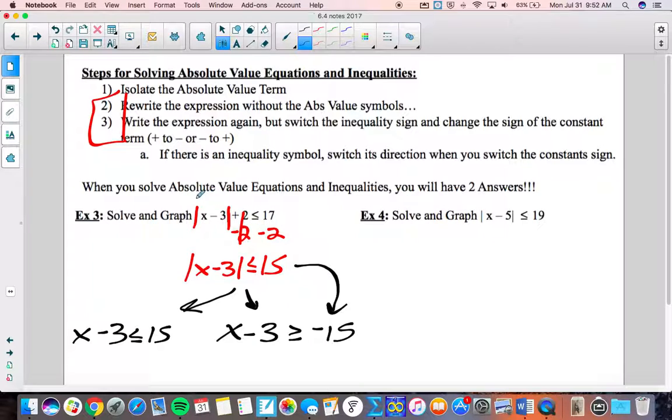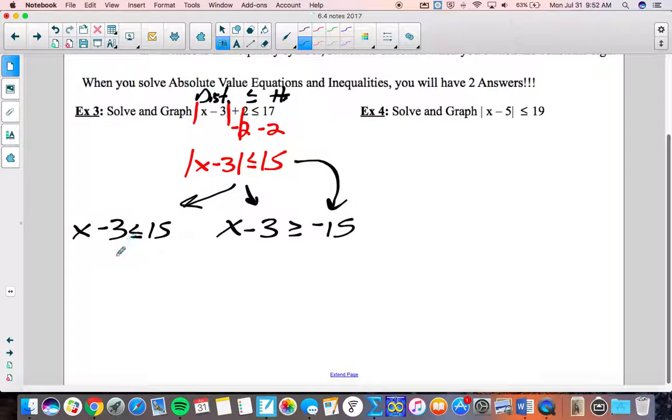By the way, here I'm thinking my distance is less than or equal to some number. So here's where we want to stay close to home. This is going to be an AND type statement. So we add 3, add 3, add 3, add 3.